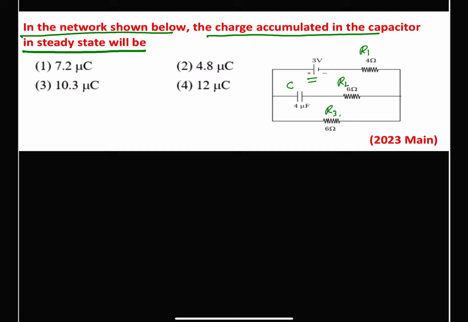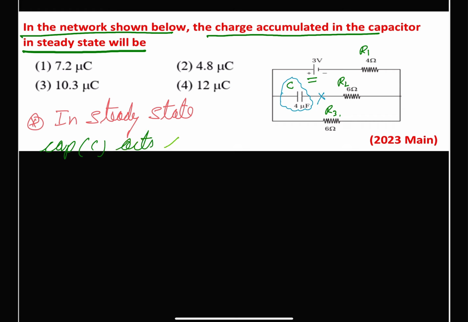So in the steady state, this capacitor is going to behave as an open circuit. So no current will be flowing in this particular branch in steady state. So we can say that in steady state, capacitor C acts as open circuit.